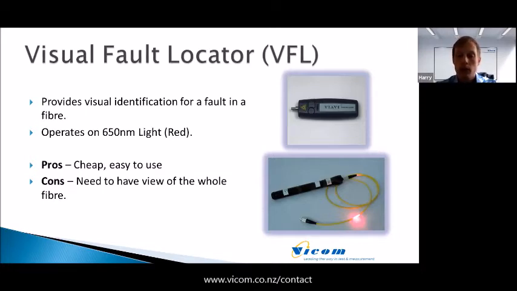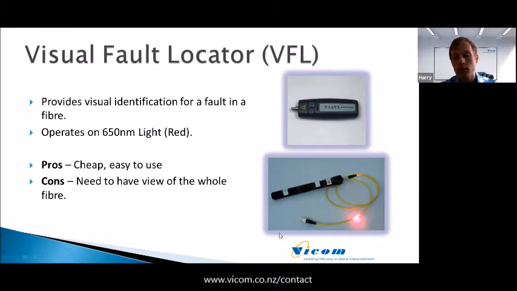At one end of the fiber, you would connect the VFL, turn it on, walk down to the other end of the hallway by the patch panel, and you identify the fiber where the red light is coming out, remembering not to look down the fiber itself, but to look at the fibers against your hand or on the floor for that red light. Obviously, this enables you then to connect it to the relevant port or position that you want it to. So that's the first use case for it.